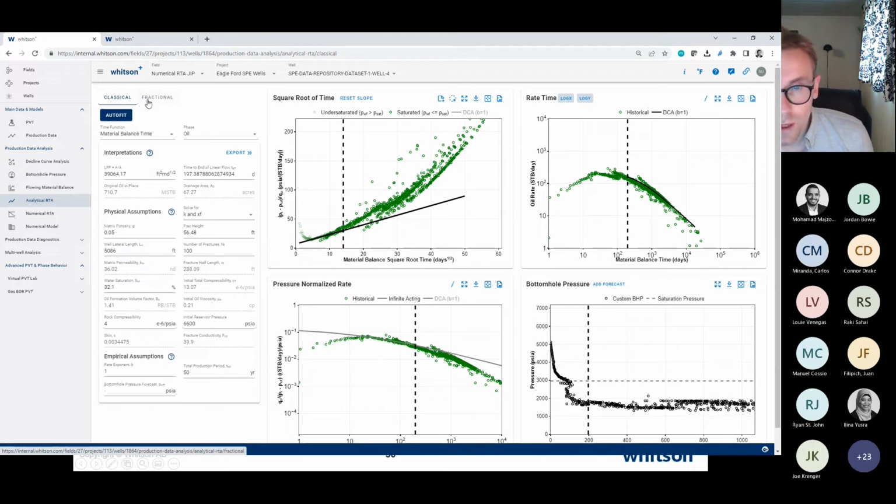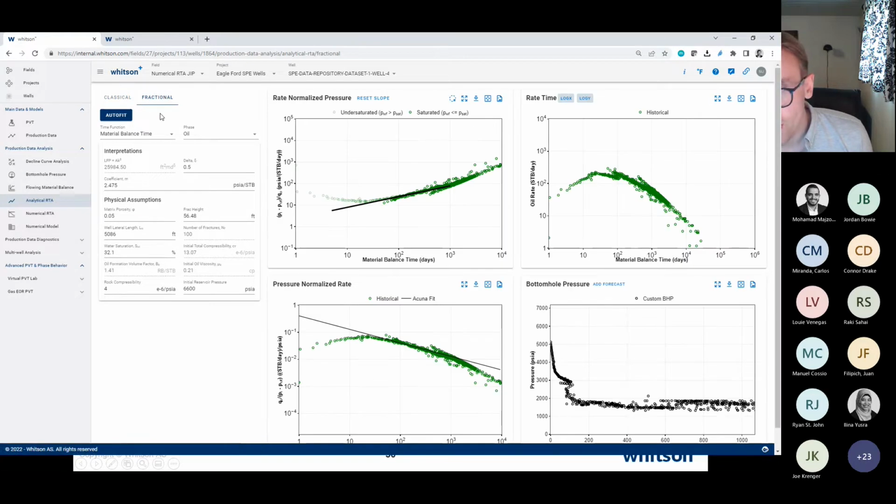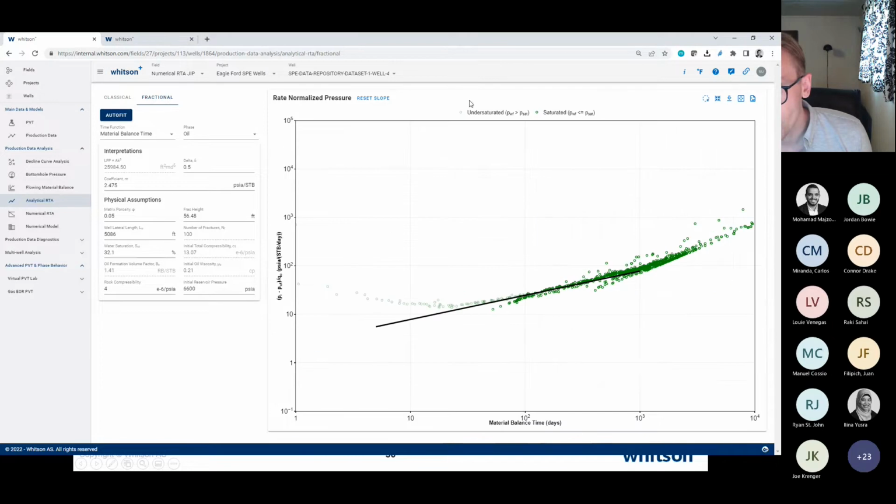For those of you who, from last week, we had a new release of the software. That's where we have the fractional RTA piece right here. So that's the fractional RTA plot. That's just material balance time versus rate normalized pressure. Here we see a slope with a delta of 0.5. That's what we talked about that indicates linear flow.